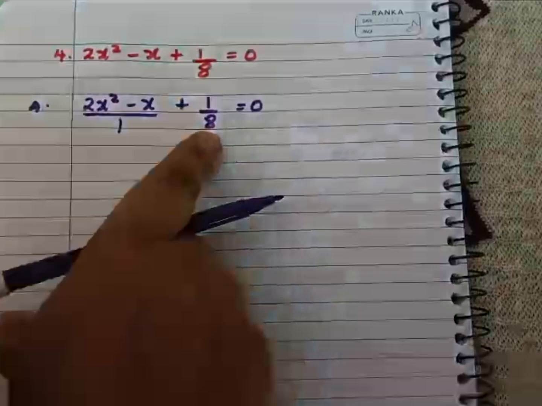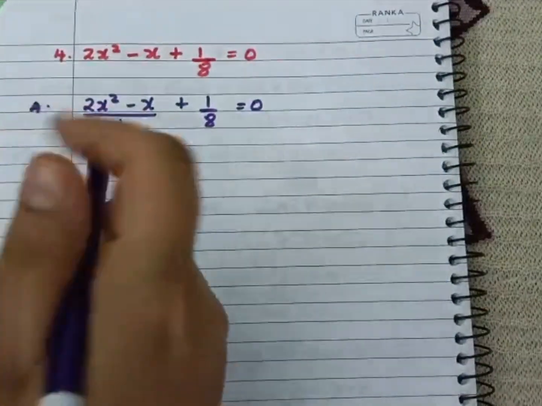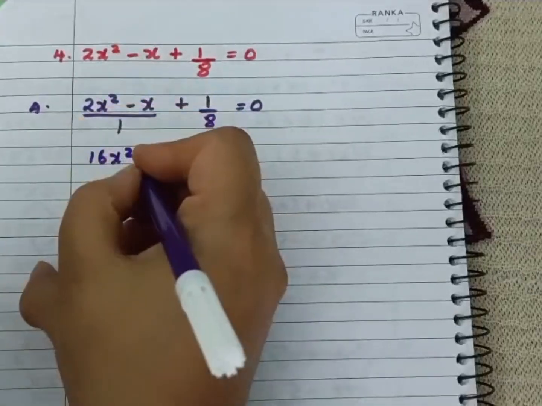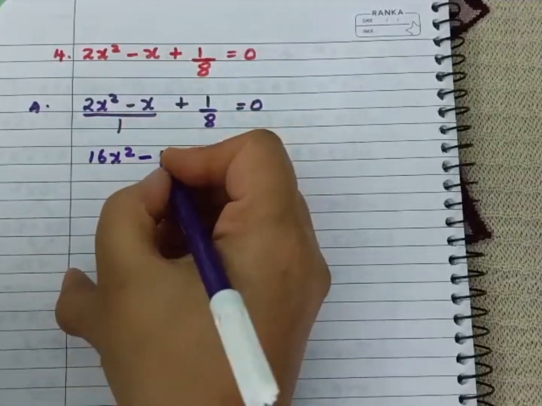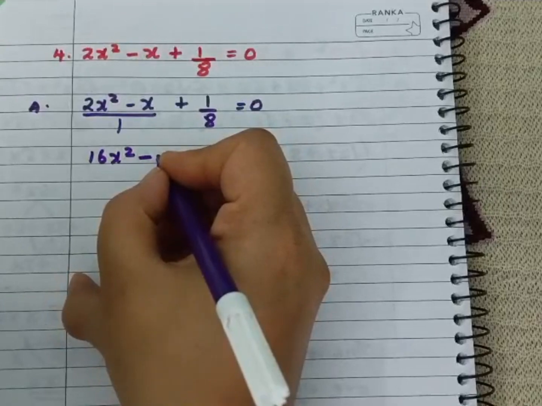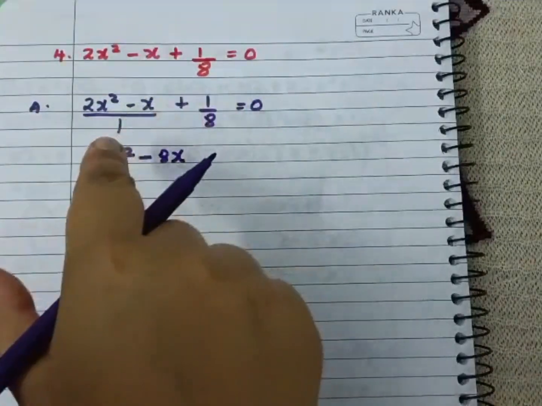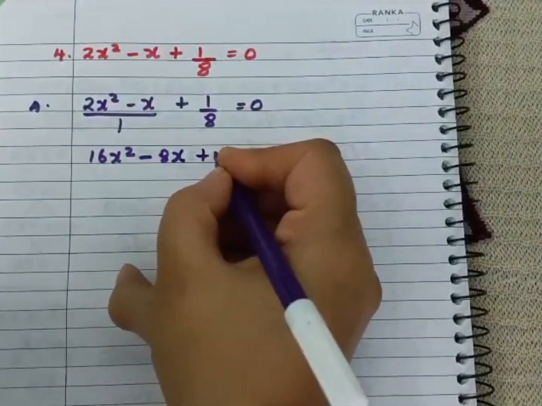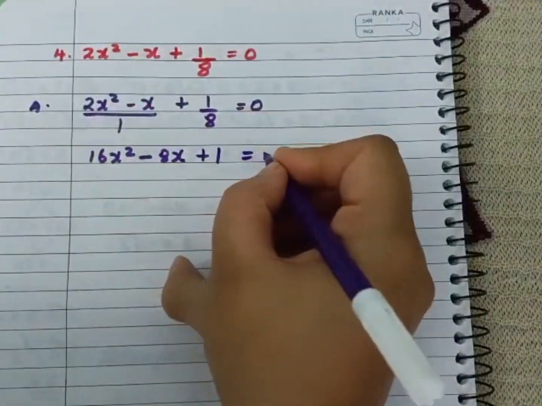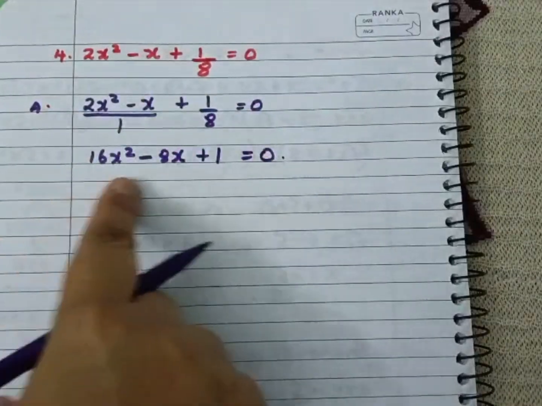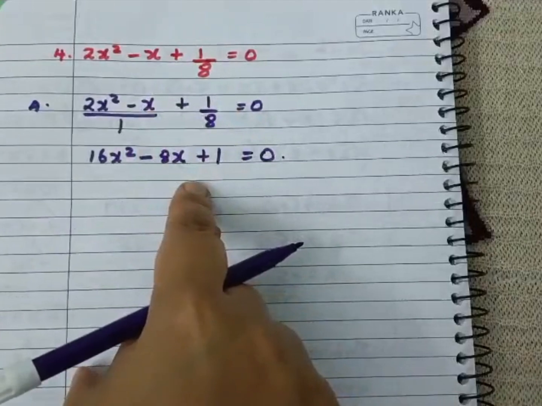That is 8 2s are 16x square minus 8 into x is 8x. And now I'm going to do 1 into 1 is 1 is equal to 0. You understood this? How we got this equation over from this to this?